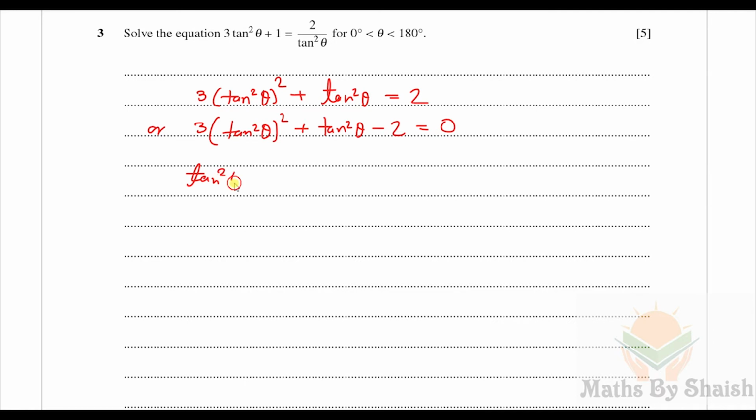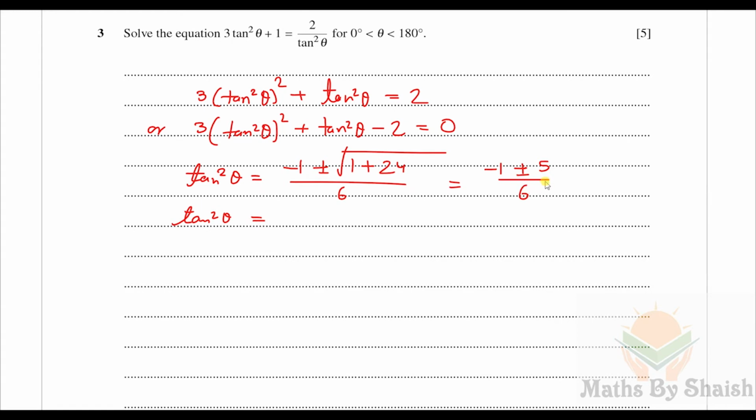It is minus 1 plus minus root of b square, that is 1 square, minus 4 times ac, 4 3s are 12, 12 2s are 24, so plus 24, upon 2a, that is 6. So it is 25. So we got minus 1 plus minus 5 over 6. So tan square theta, since it is squared, cannot be negative, so we have to take the positive value.